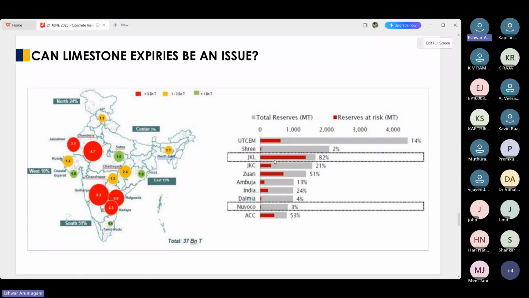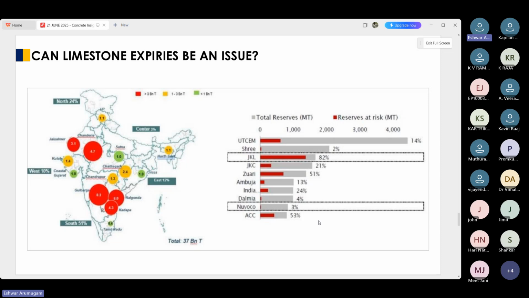If you look at JK Lakshmi Cement, 82% of their limestone mines are coming up for expiry in the next 5 years. About 82%, that is a huge number. And if we look at ACC also, about 53% of their limestone mines are coming up for expiry.